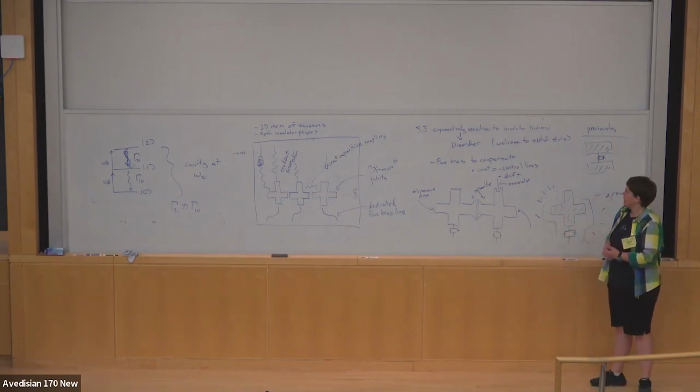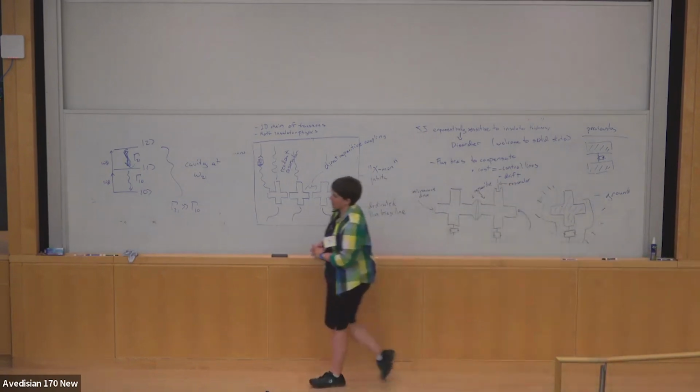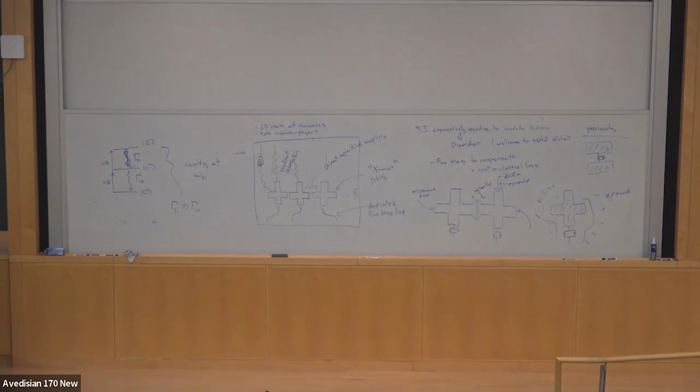So I think I'm just at the end of my time. What does that mean? All right, I'll skip talking about my stuff, but I think the big advantage of the superconducting circuit platform is that it's very, very flexible in how you implement things.